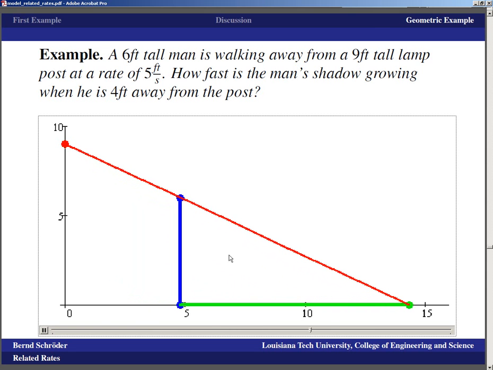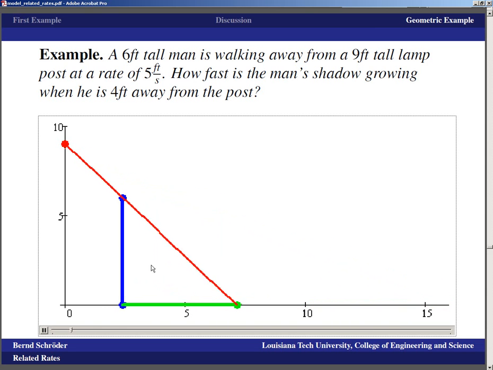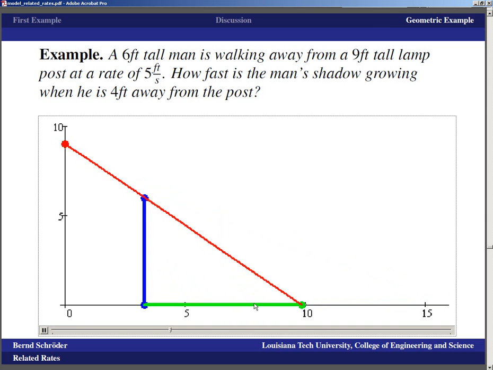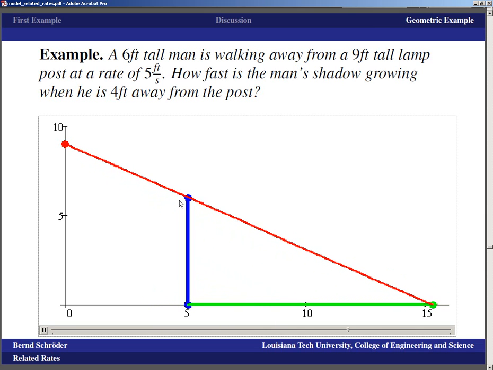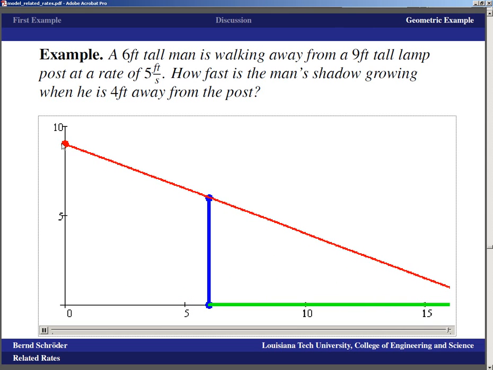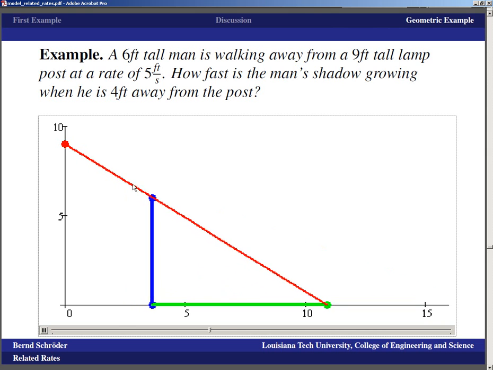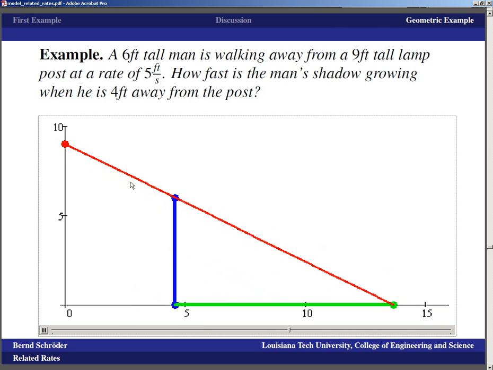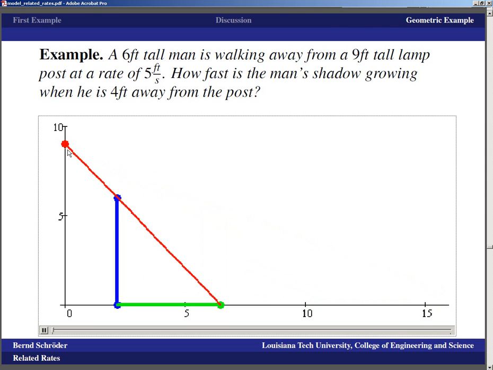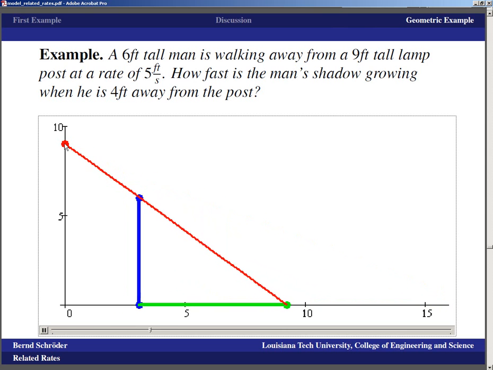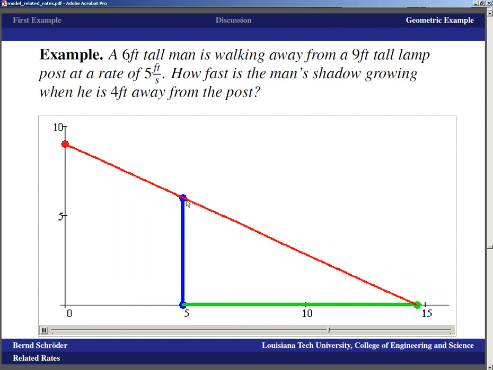So here's a guy walking away from the lamppost. What we can see here, certainly in this animation, is that the shadow is getting longer as the guy is walking away from the lamppost, because the rays of light that are blocked out by the man, the rays that are tangential to the top of the head, are touching 2 points that give a flatter and flatter slope.